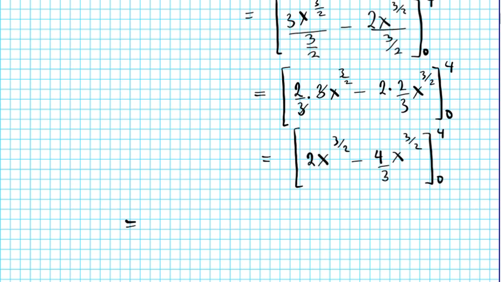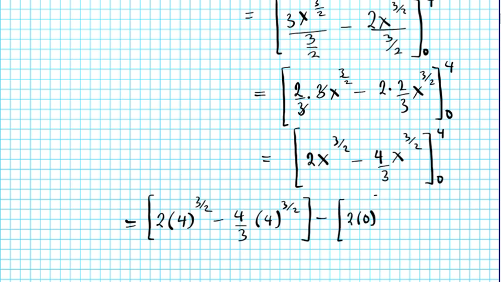The upper limit goes in first: you have 2 times 4 raised to the 3 over 2 minus 4 over 3 times 4 raised to the 3 over 2, and then minus 2 times 0 raised to the 3 over 2 minus 4/3 times 0 raised to the 3 over 2, like that.